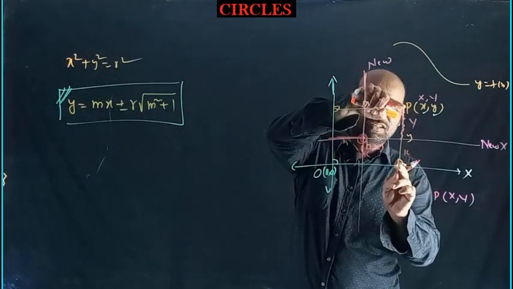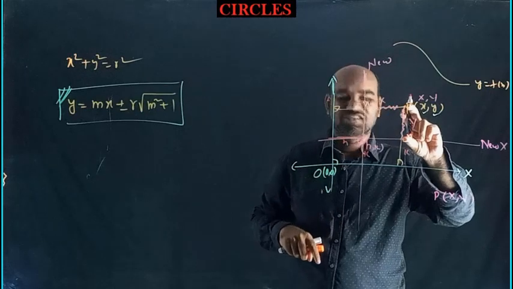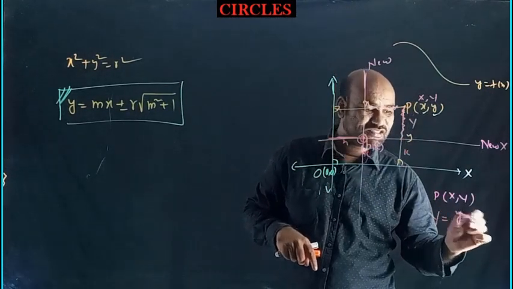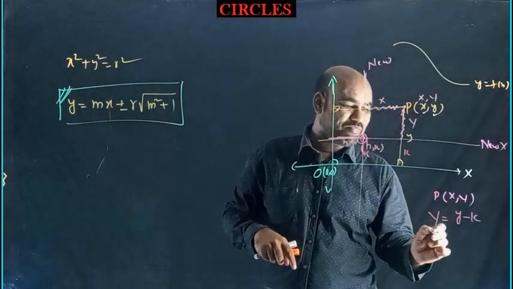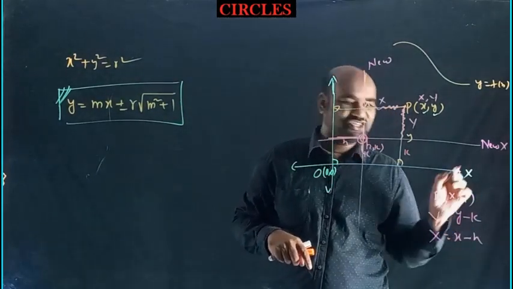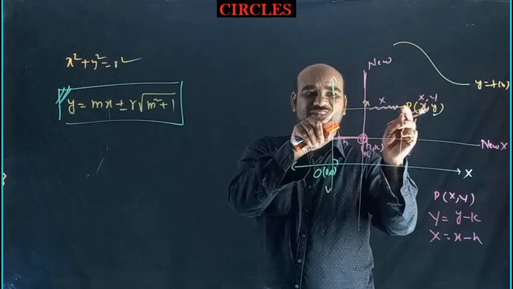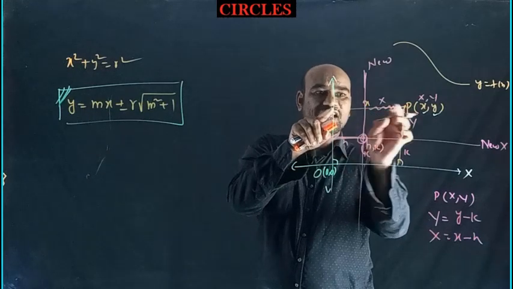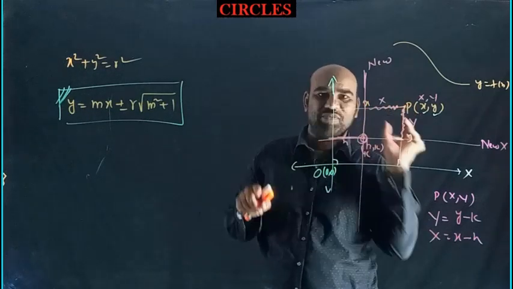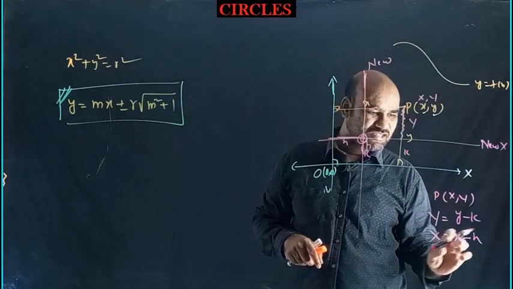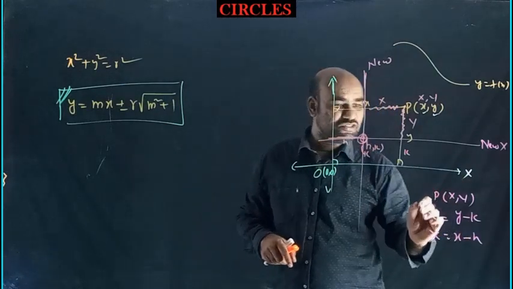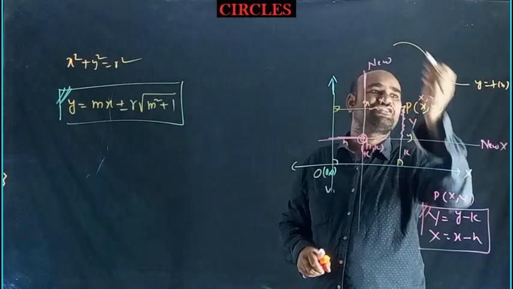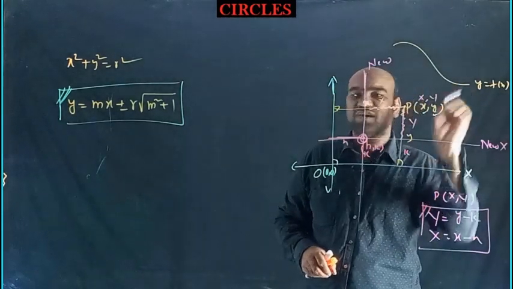This total, y minus k, gives capital Y. So capital Y equals small y minus k. Similarly, capital X equals small x minus h. See, this is small x, this is capital X. So small x minus h gives capital X. By using this relation, you can find the coordinates of P and the new or transformed equation of the curve.